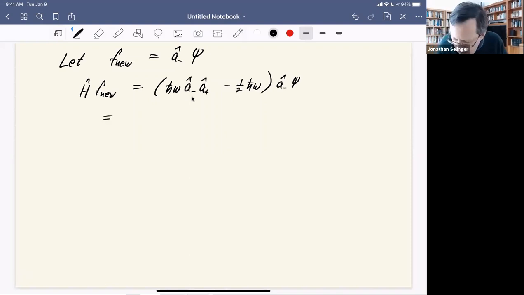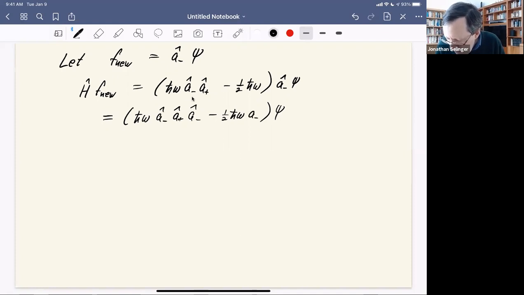Okay, so if I expand all this stuff, this is h bar omega A minus A plus A minus acting on psi minus a half h bar omega A minus acting on psi. And then I'll pull out an A minus on the left because there's one here and one there.